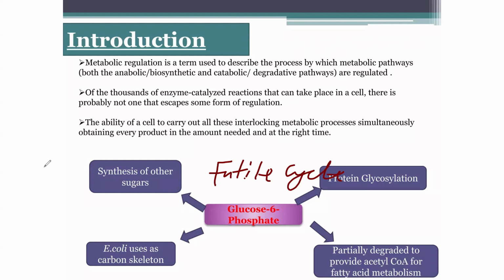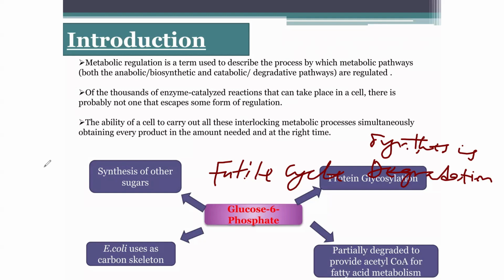When we say futile cycle, it means the synthesis and degradation of a particular biomolecule or metabolite are taking place at the same time. For example, glycolysis and gluconeogenesis.